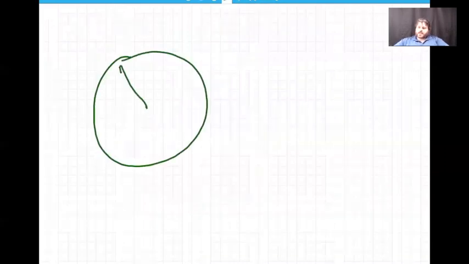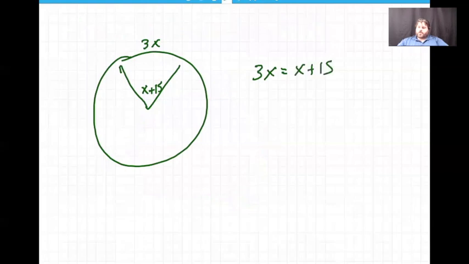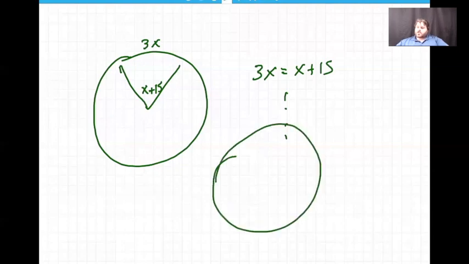Now here's how they'll do it. They'll say the arc measure is 3x and this is x plus 15. Well, you know that these are the same, so you set them equal to each other and you solve for x, okay? Or maybe they say we've got this central angle that's x plus 10 and this inscribed angle is 2x minus 15.